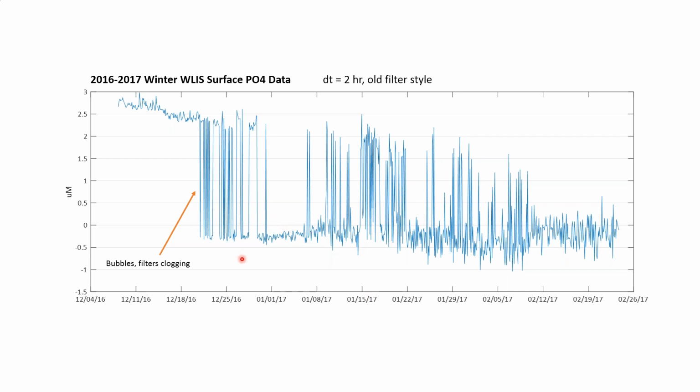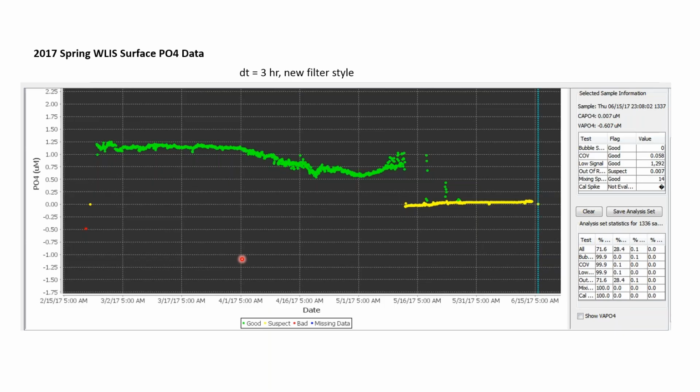Since then, they have put in a larger filter with a copper screen, and we decreased our sampling time. Still relatively high frequency. Connecticut DEEP goes out there every 2 weeks in the summer. We are collecting phosphate data in real time every 3 hours. Much better, much longer record, still relatively low concentration.